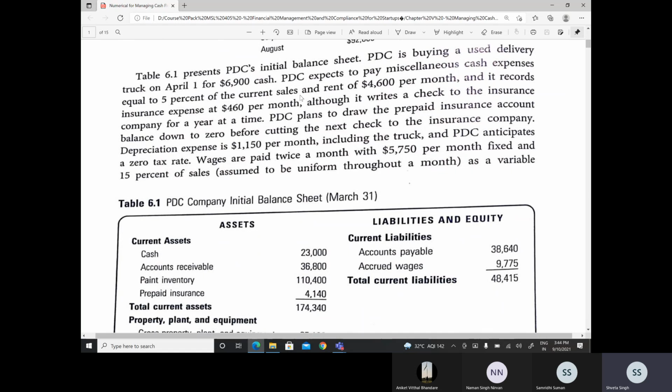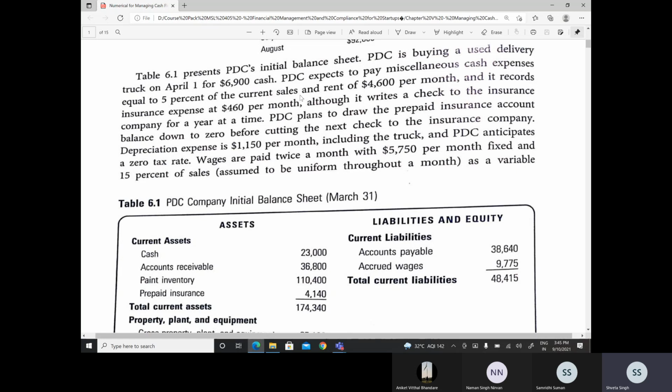Table 6.1 presents PDC's initial balance sheet. PDC is buying a used delivery truck on April 1st for $6,900 cash. PDC expects to pay miscellaneous cash expenses equal to 5% of the current sales and rent of $4,600 per month. It records insurance expense at $460 per month, although it writes a check to the insurance company for a year at a time.